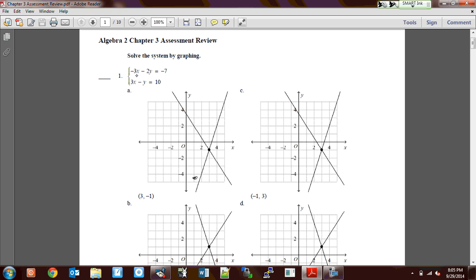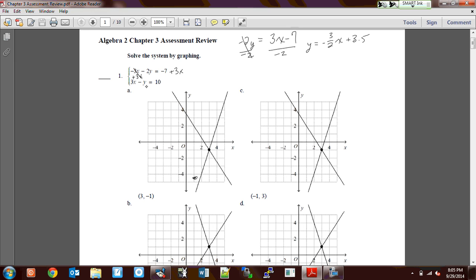So now let's solve this. Let's add the 3x to both sides. So we have -2y equals 3x minus 7, divide by -2, divide by -2. So y equals -3/2 x, then negative divided by negative is positive, so plus 3.5.